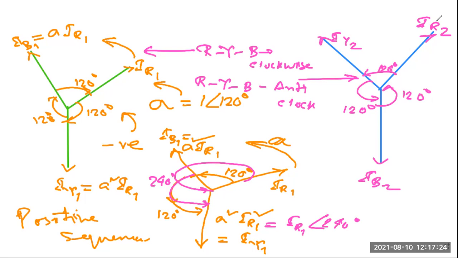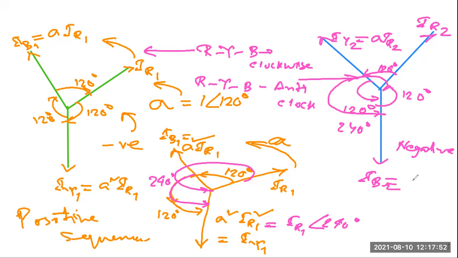Now here you see in this particular negative sequence, this is IR2. So you are getting IY2. If you multiply A, this becomes A into IR2. Now with respect to this IR2, if you want to represent this one, this will be 240 degree.